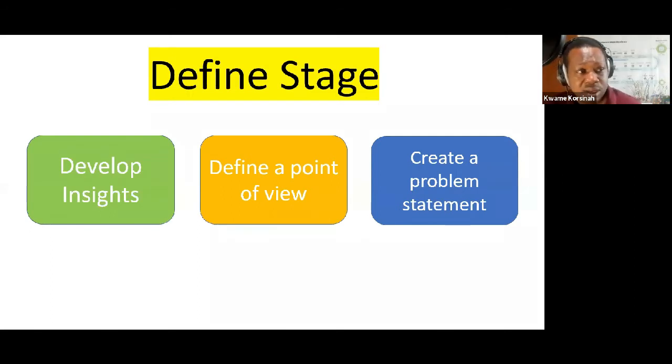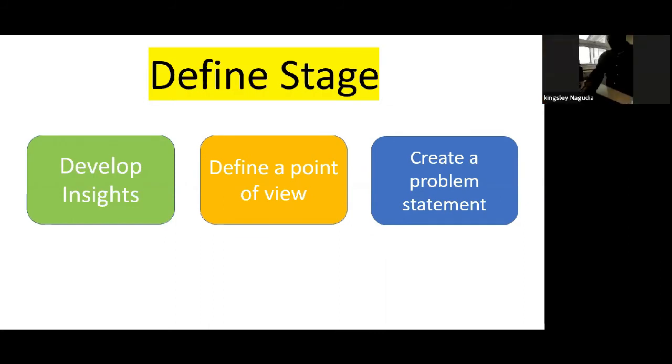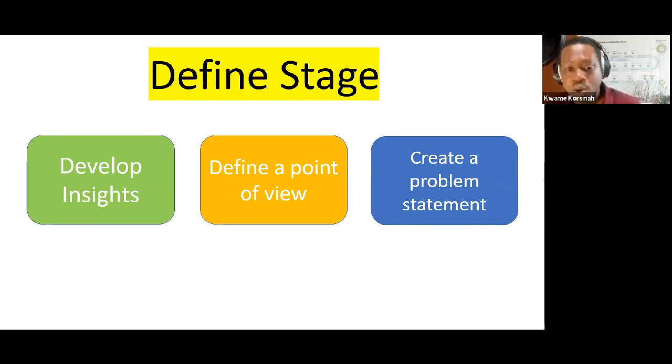We've touched on the define stage, but for the next items I'll pick some tools and expand on them in future sessions. We'll first look at how we develop insights from a customer journey map and how we can use that to draw some SWOT analysis.